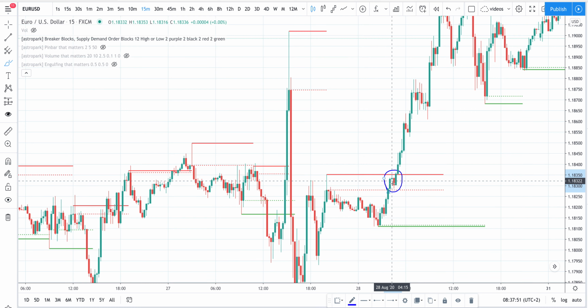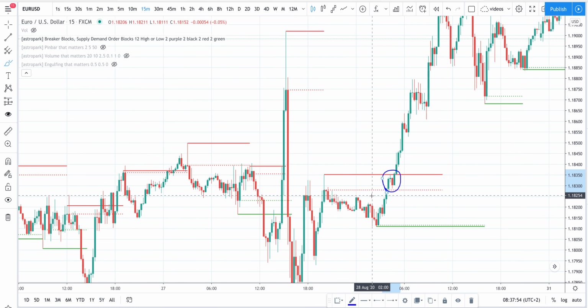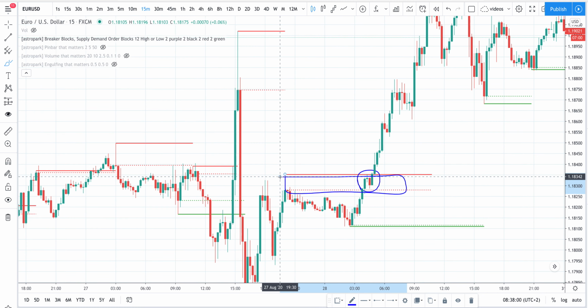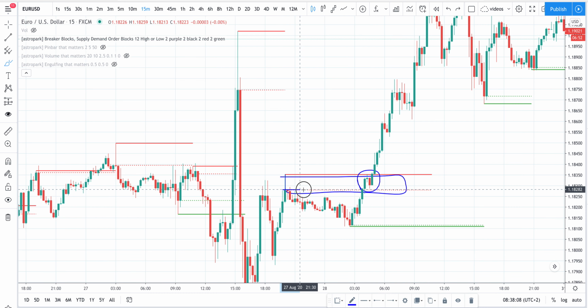Price definitely closed above. Too many candles closing in this range means that this is not valid anymore. Usually you won't see a higher bar closing over the candle closes.